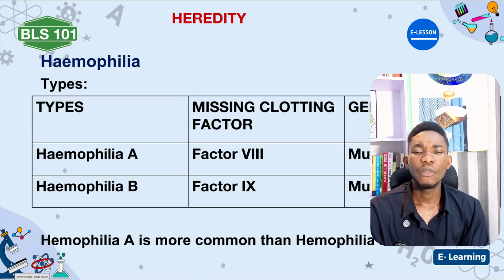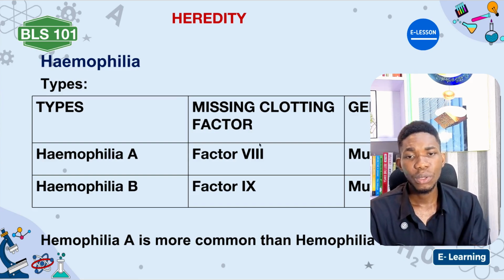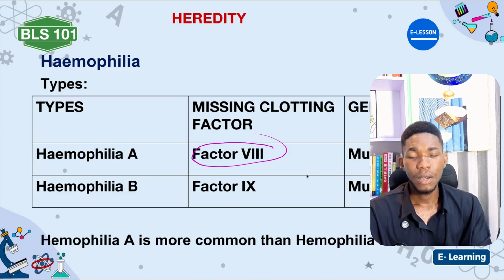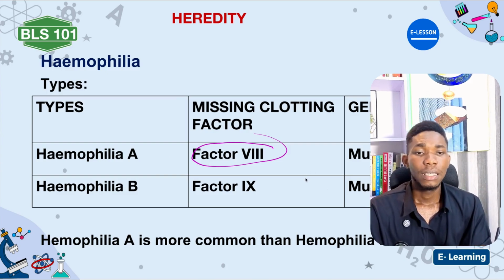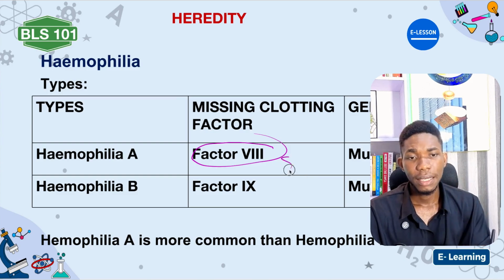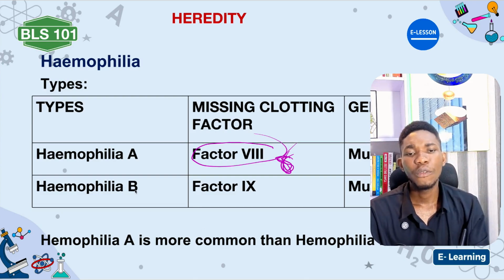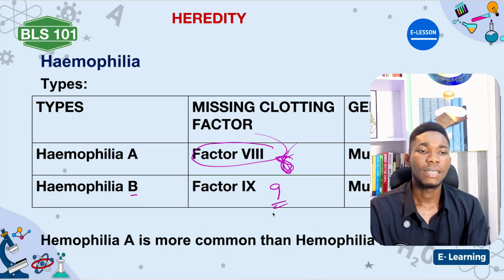We have hemophilia A and we have hemophilia B. For hemophilia A, what clotting factor is missing? Clotting factor 8 is missing. Is that okay?